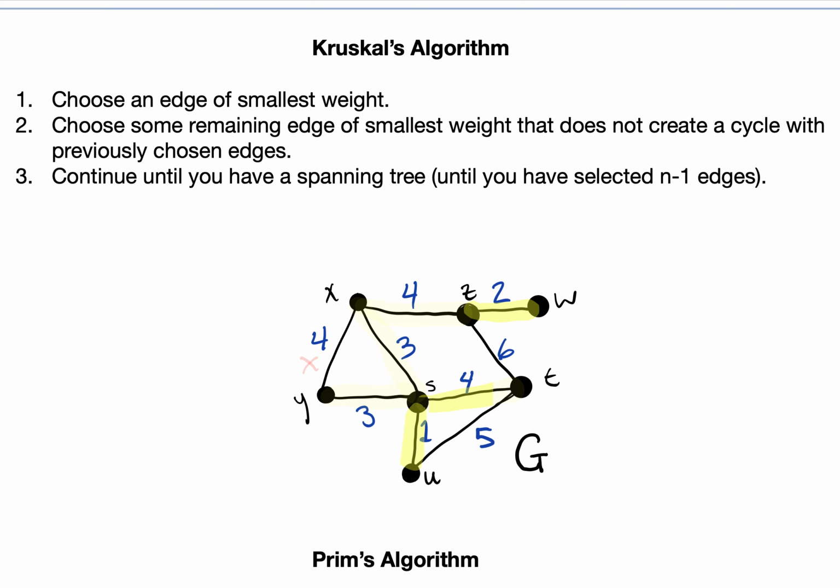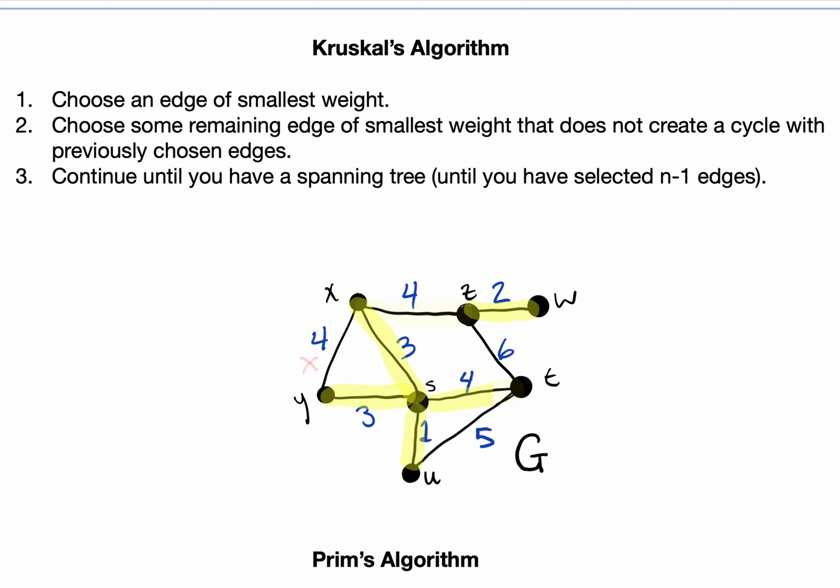It doesn't create a cycle. Now we want to continue until we have a spanning tree, or until we have selected n-1 edges. So now I can select any edge that is of smallest weight that does not create a cycle with a previously chosen edge. I can select that edge of weight 3. I could select this edge of weight 3. There aren't any more edges of weight 3 left. The next smallest is 4.